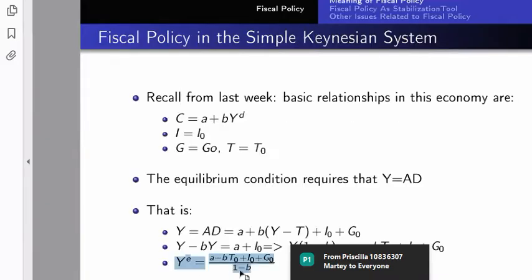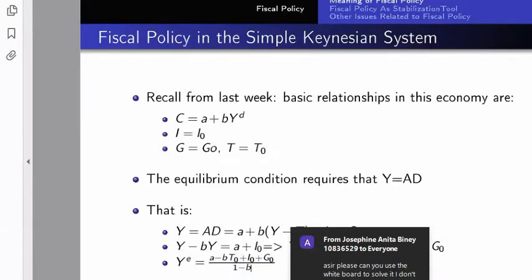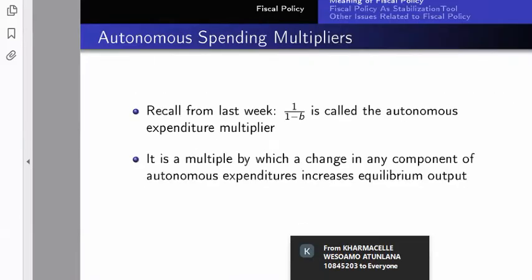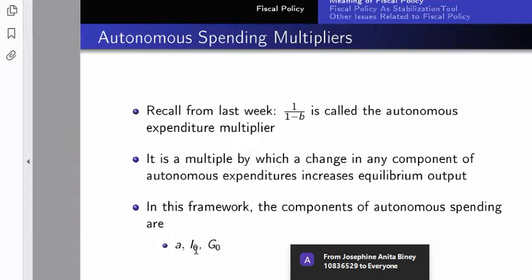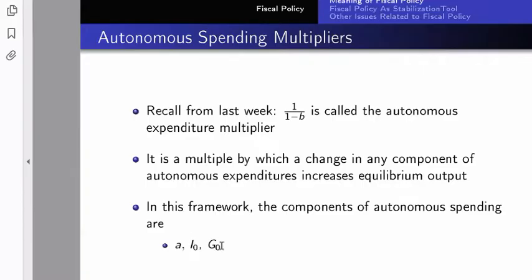The autonomous items you are referring to now are A, I0, and G0. We are calling them the autonomous items, autonomous spending.